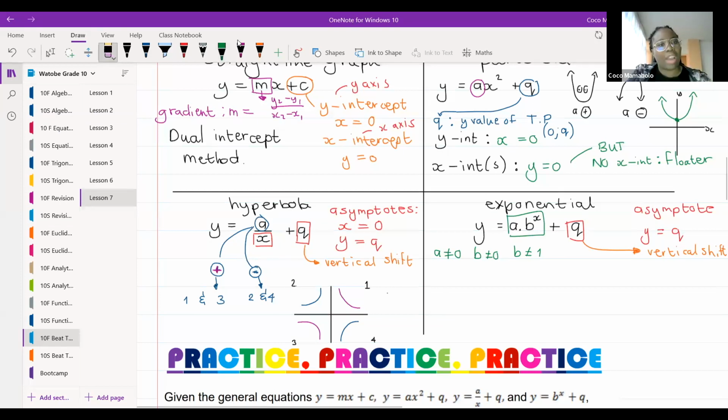We no longer have a graph. And if b is equal to 0, again, this whole thing will become 0, so we won't have a graph. And also, if b is equal to 1, we're just going to have 1 to the power of 1, 1 to the power of 4 and 1 to the power of -2. Everything is going to be 1. So b cannot be equal to 0 and it cannot be equal to 1. And a cannot be equal to 0.